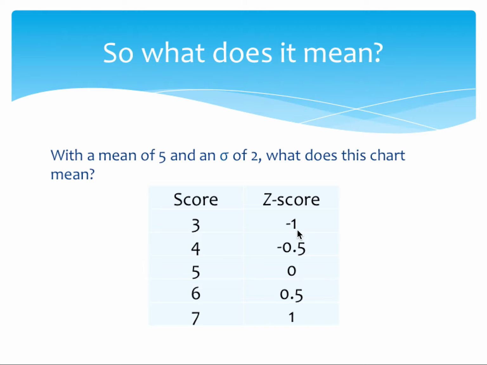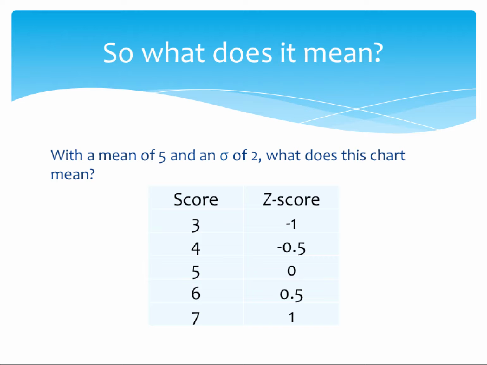So it is one standard deviation, which is 2 units, below the mean. Alternatively, 7 is 2 above 5. Well, 2 again is the standard deviation, so it is one standard deviation above the mean. 5, on the other hand, 5 minus 5 is 0, so the z-score is 0. Well, if the z-score is 0, that means that your score is the mean.